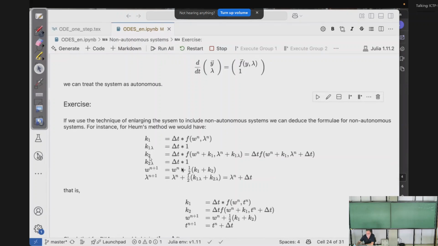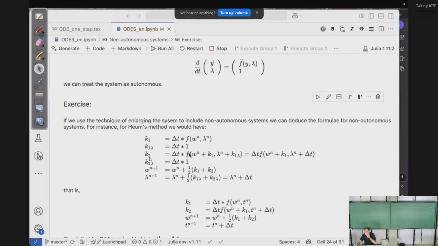And what happens is that you have a K1 with this lambda n. You have K1 lambda, the component for the lambda component, this. And so when you write down the K2, you say omega n plus K1 and lambda plus K1 lambda, etc. And this here, since K1 lambda is delta t times 1, is lambda n plus delta t.